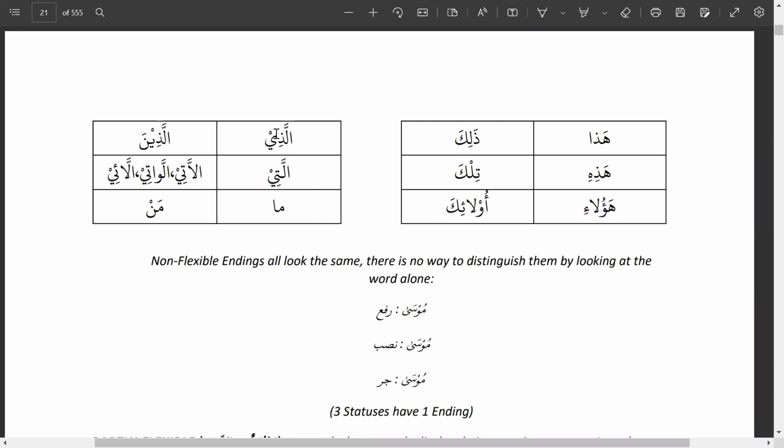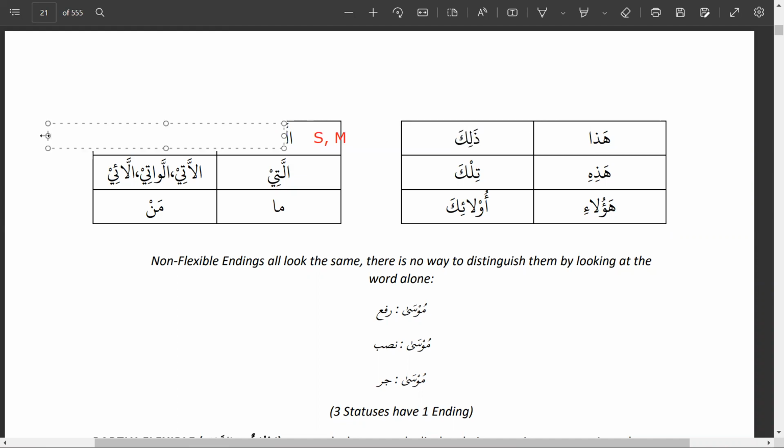So allazi is singular and masculine. Allazina, those who, is plural and masculine.